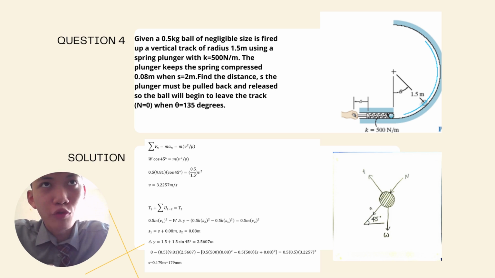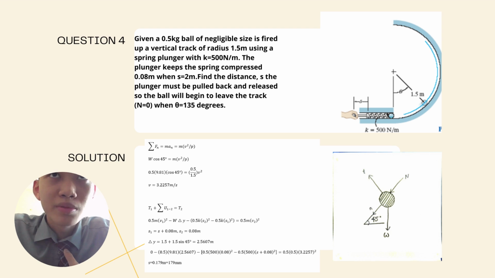So now for question 4, given a 0.5 kilogram ball of negligible size is fired up a vertical track of radius 1.5 meter using a spring plunger with k equal 500 Newton per meter. The plunger keeps the spring compressed 0.08 meter when s equal to 2 meter.